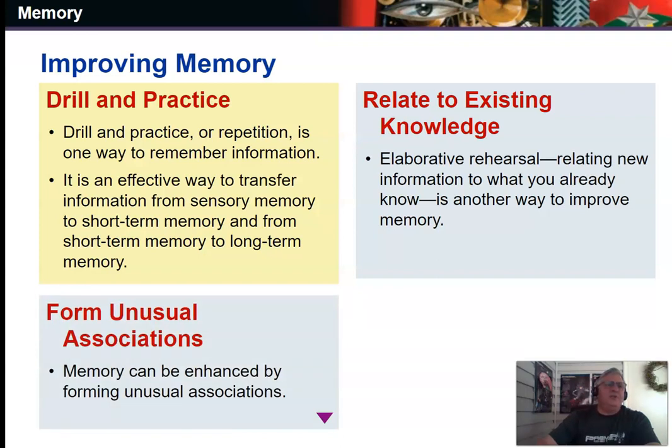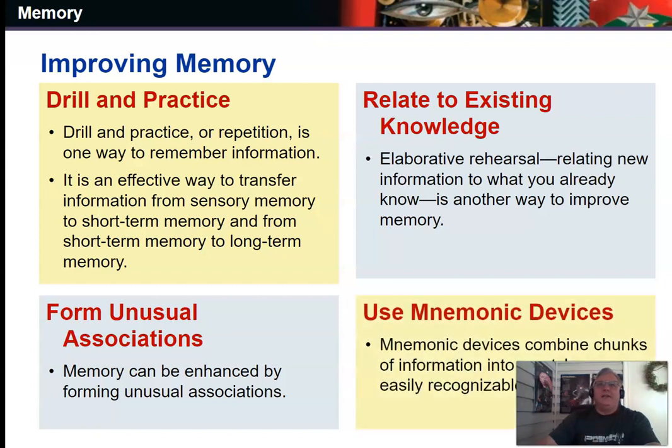Form unusual associations. Memory can be enhanced by forming unusual associations, where you find some sort of item to peg that to. And then, of course, you have mnemonic devices and chunking of information into a catchy, easy, recognizable format.